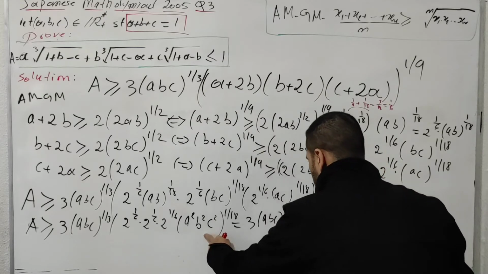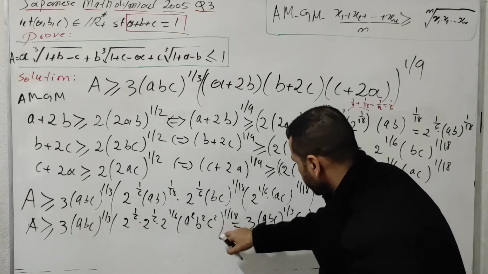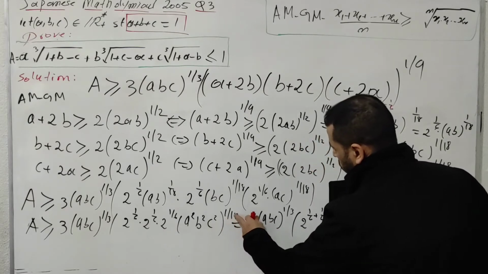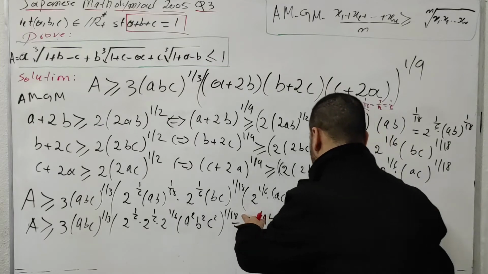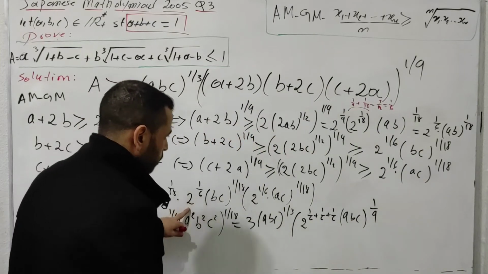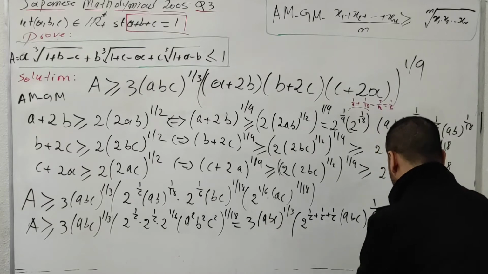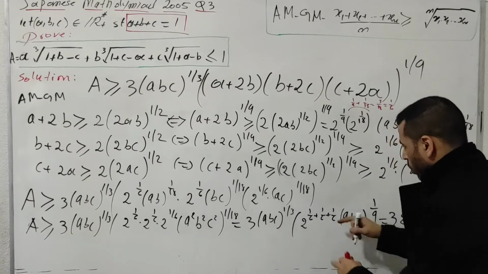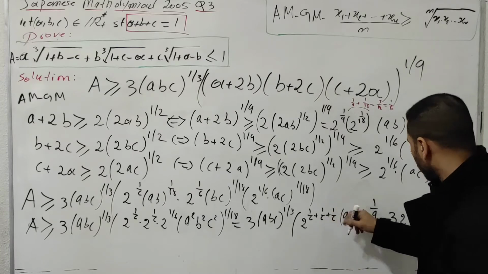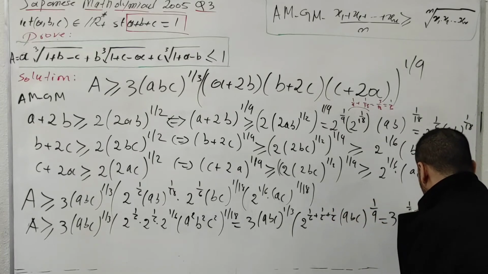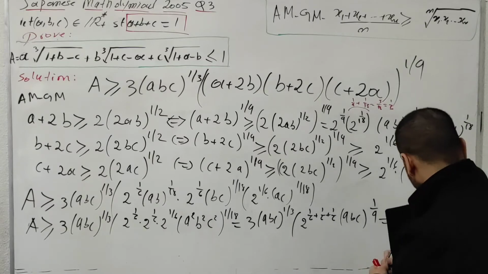I put this one as ABC squared raised to the 1 over 18, which is 1 over 9, because there is a square here. By putting this ABC inside of this one, I will get 3 times 1 over 6 plus 1 over 6 plus 1 over 6, which is 3 over 6, which is 1 over 2.